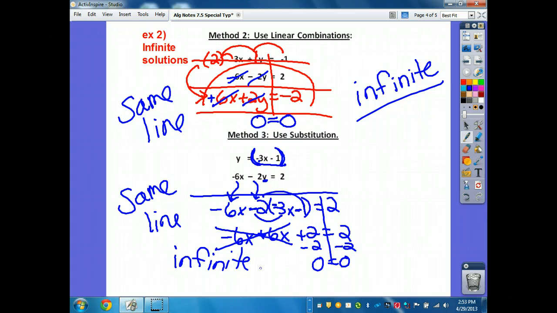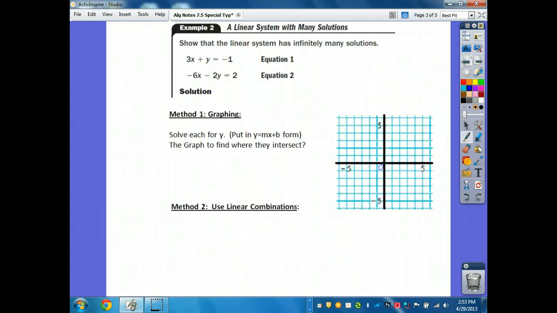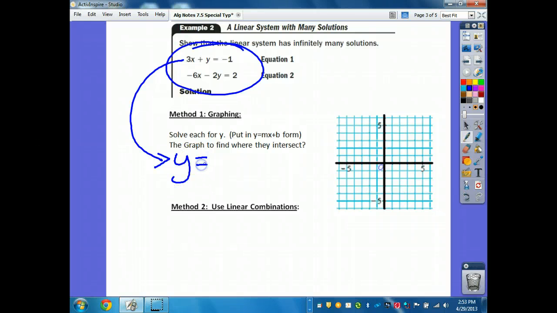Now let's go back to the graph. Before I can graph these, what would I have had to do to them? These are the same ones. Rearrange. What does this one turn into when I rearrange it for the graph? Y equals, minus 3x to both sides. So what does it equal? Negative 3x. What did you say?